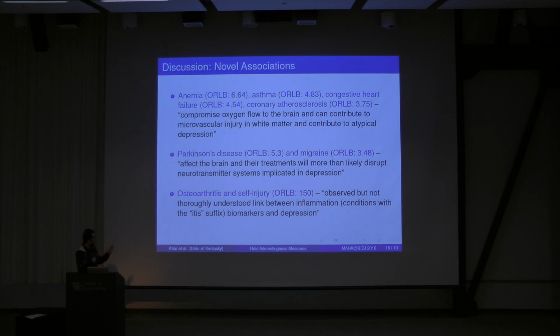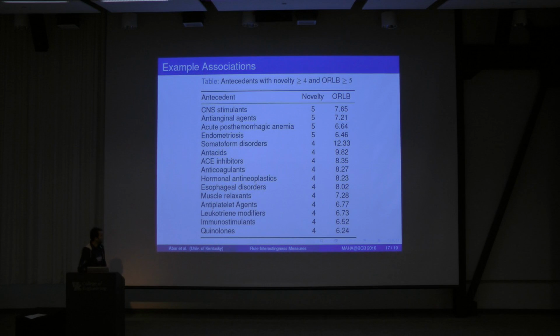And also drug overdose and self-injury is observed but not told and disturbed in between information biomarkers. These are the other similar rules we got with novelty higher than or equal to 4, and also higher than 5.